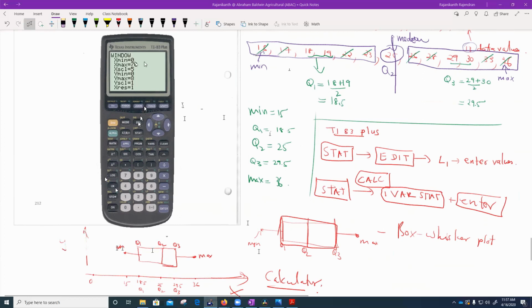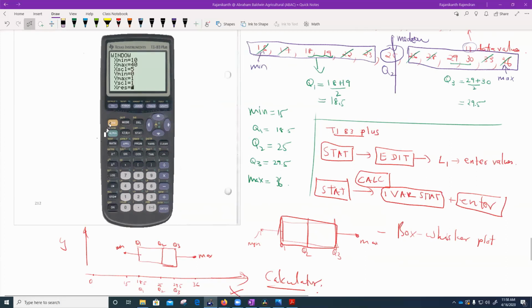You could start with 15 or whatever, maybe I am starting with say 10. You could start with 15 as well, but I need to show your picture in the window. So the maximum we got 36, but let me take maximum as 40. Scale leave 5, y minimum say 0, maximum 1. You could keep 0 and 1 if you want, or 0 and 2. So that's it. So this is my setup.